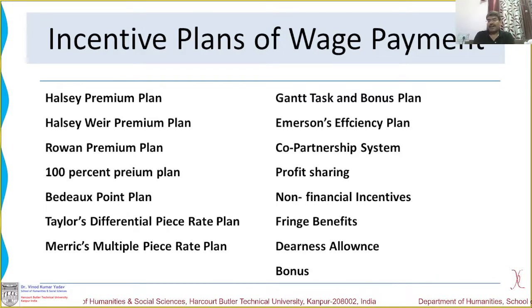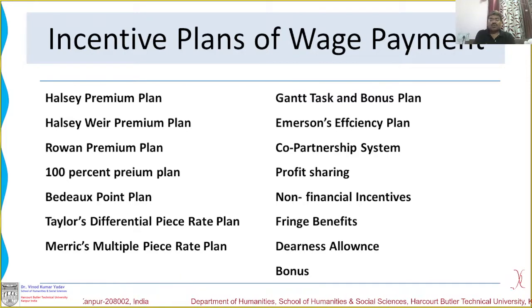Halsey premium plan, Halsey-Weir premium plan, Rowan premium plan, 100% premium plan, Bedaux point plan, Taylor's differential piece rate system, Merrick multiple piece rates plan, Gantt task and bonus plan, Emerson's efficiency plan, co-partnership system, profit sharing.